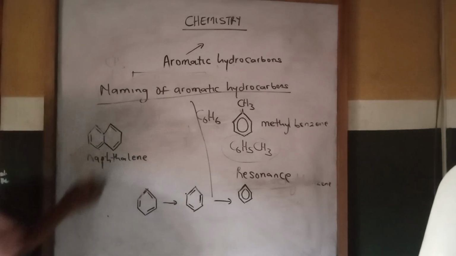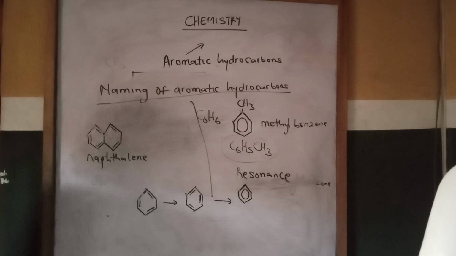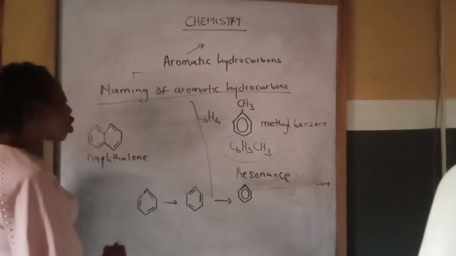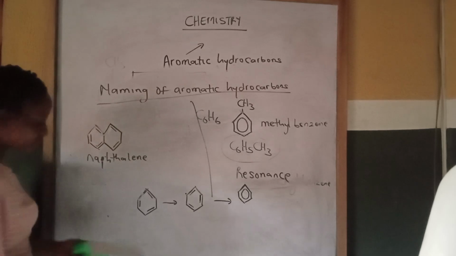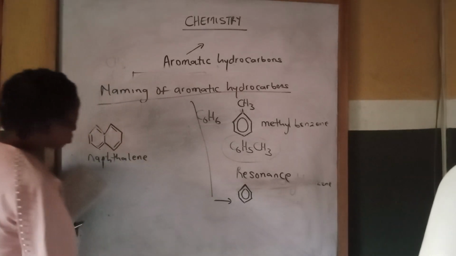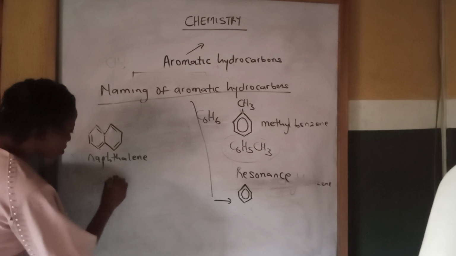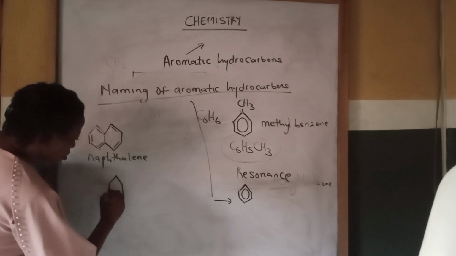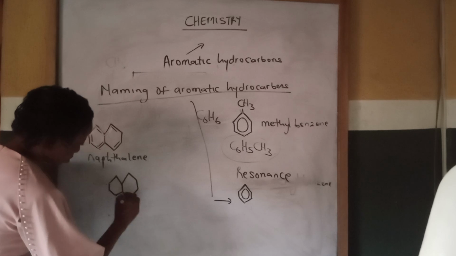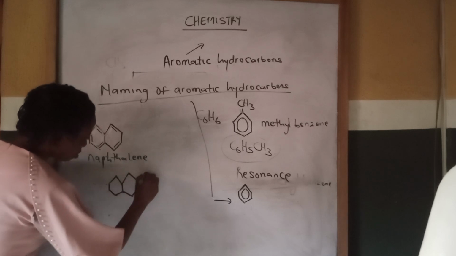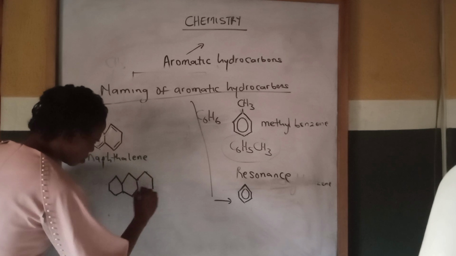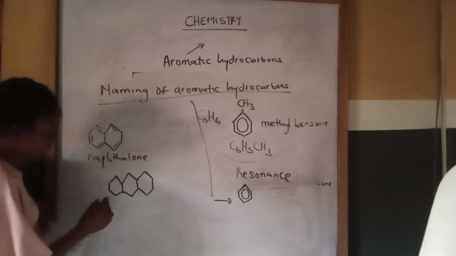So when three structures of benzene are joined together, you produce what we call anthracene. So this is another one.